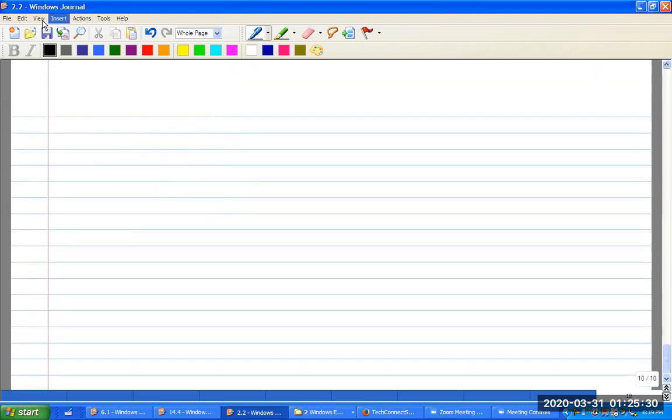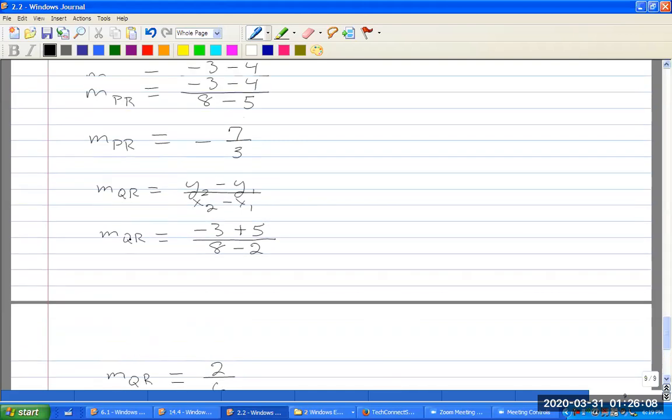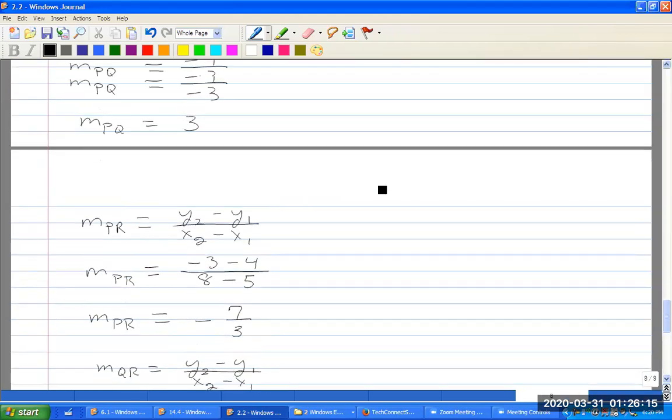So, oops. Let me say that the slope through the points P and Q was equal to... wait one second, I forgot what it was.